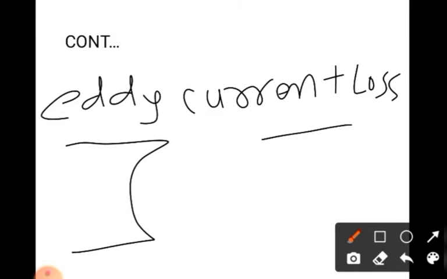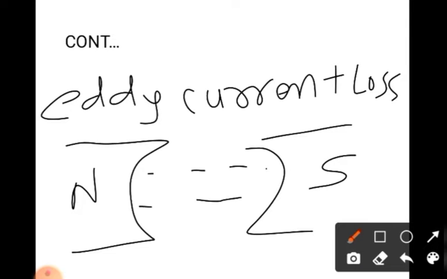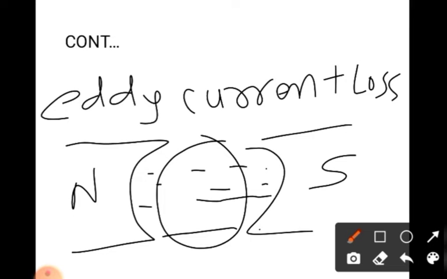Consider two poles, N pole and S pole. These two poles produce magnetic flux. When the conductor starts rotating, it will cut the magnetic flux and EMF is induced in that conductor.